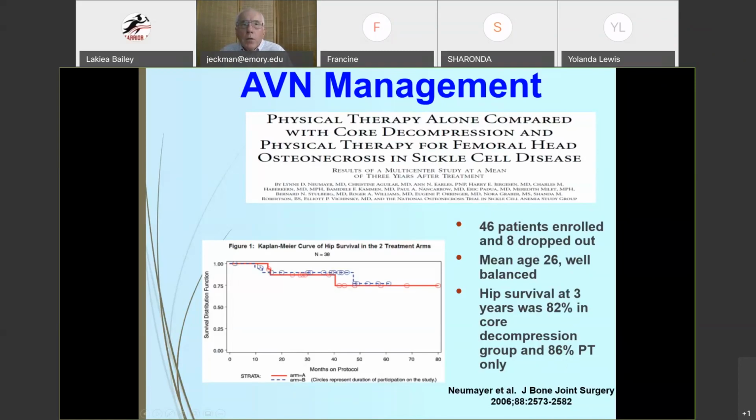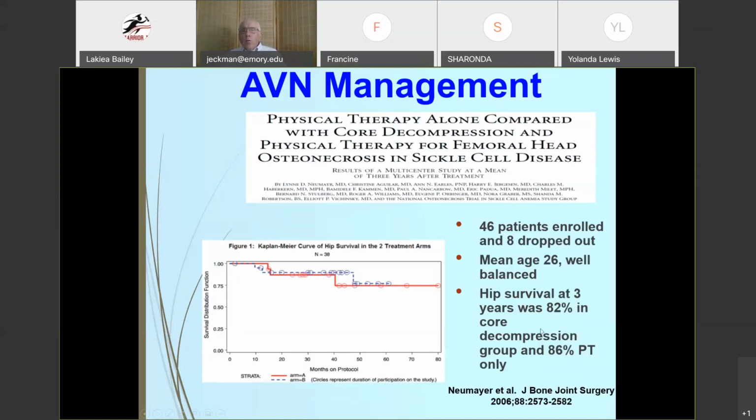And if you look at this, the survival of the hips was identical whether they had just physical therapy alone or physical therapy plus the core decompression. So the bottom line here, this is a small study, but this was pretty impressive.